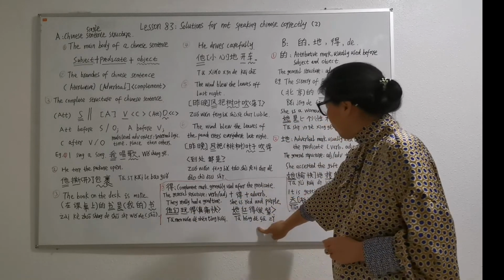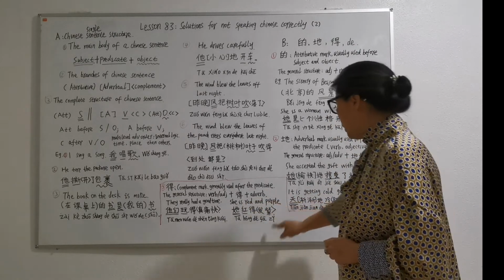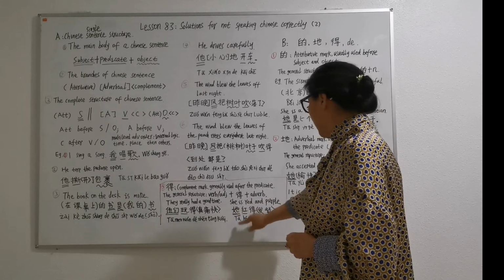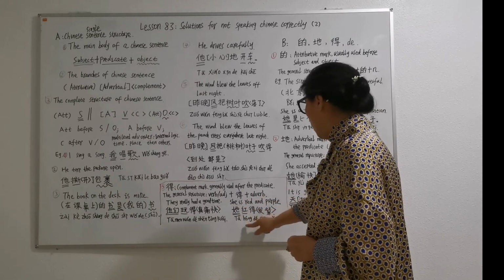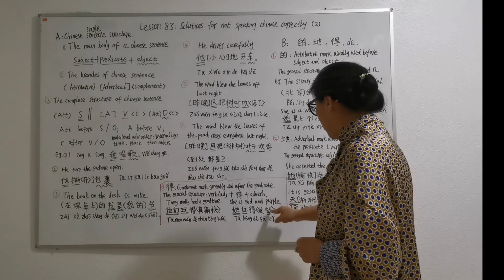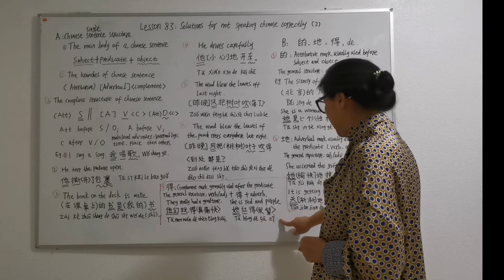Okay, another one. She is red and purple. She 她 is red 红 and purple 发紫.